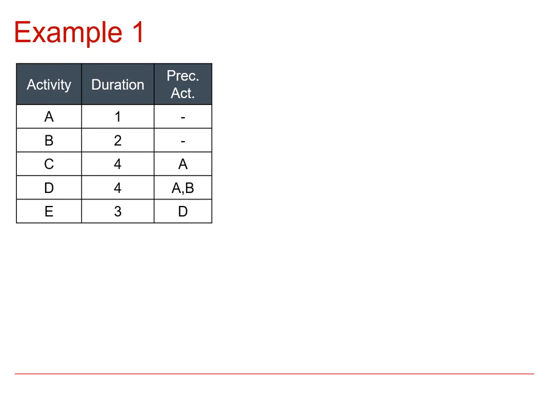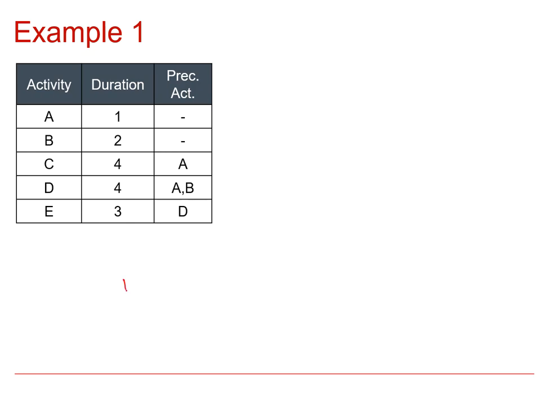So we'll begin in the usual way. We can see that there are two activities at the top of our table, activity A and B, which don't depend on anything else, and so they can both start from our starting node.